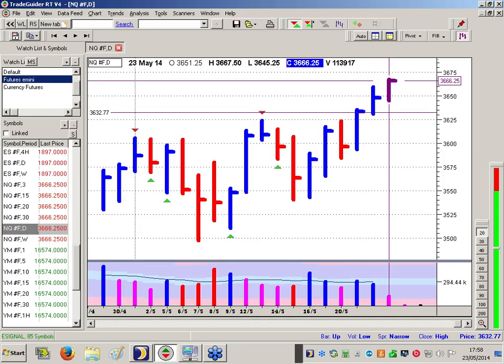So what's interesting is that you can read these bars, and it more or less has to follow the laws of supply and demand. And that's all it's basically doing. The market follows the path of least resistance.